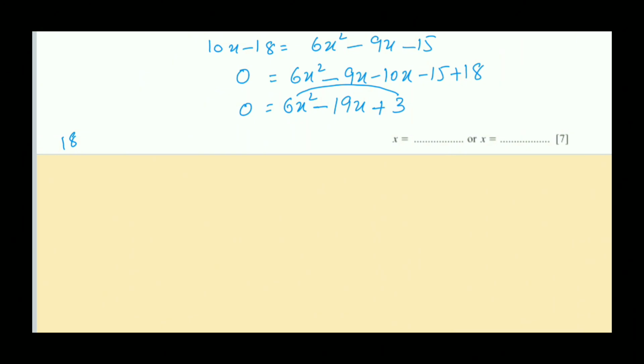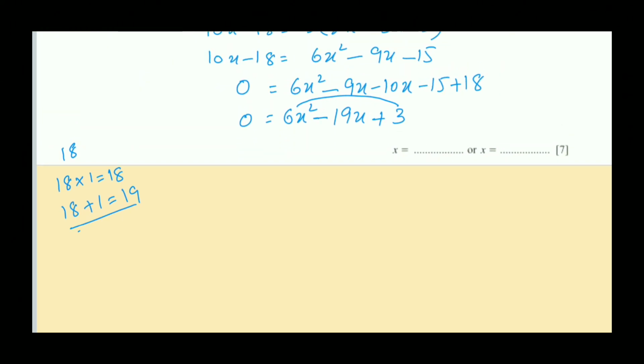You will get 18. Make the factors of 18 such that by adding or subtracting those factors you will get 19. So 18 ones are 18, and 18 plus 1 is 19. So I can use these factors here.